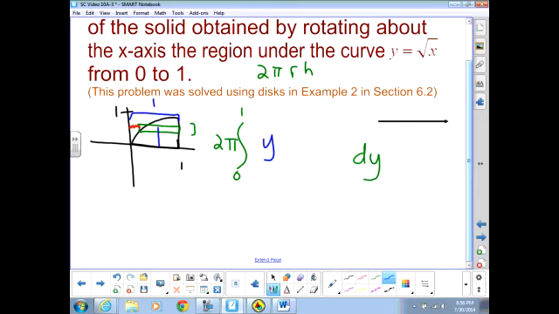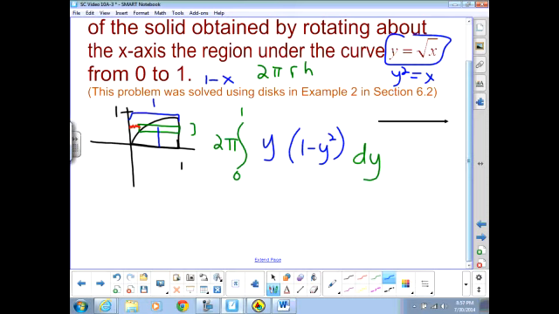Well, the red is connected to the y-axis, so it's just an x. So our height is just 1 minus whatever x is. But we can't put x in because it's a dy. So using our equation, we know x is really equal to y squared. So our height is just going to be 1 minus y squared.